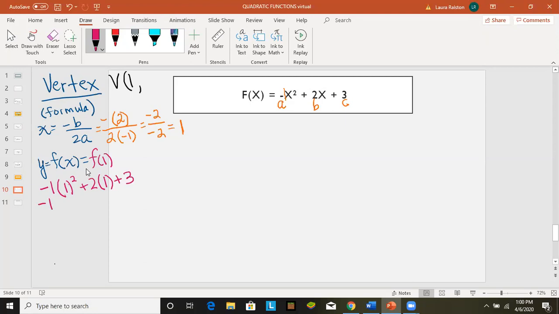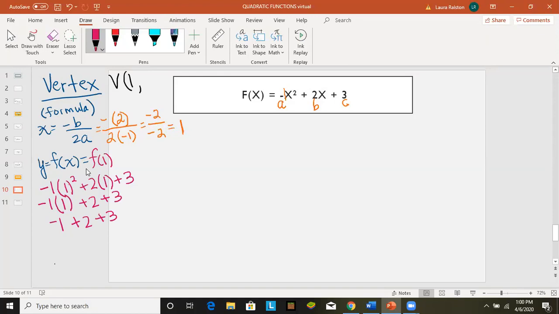So I have -1, 1 squared. 1 times 1 is 1. 2 times 1 is 2 plus 3. -1 times 1 is -1 plus 2 plus 3.